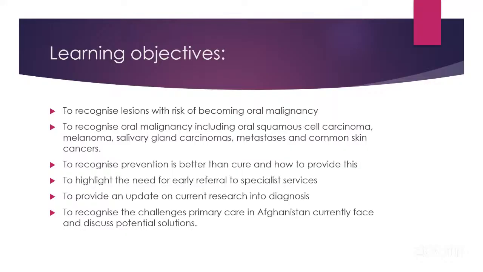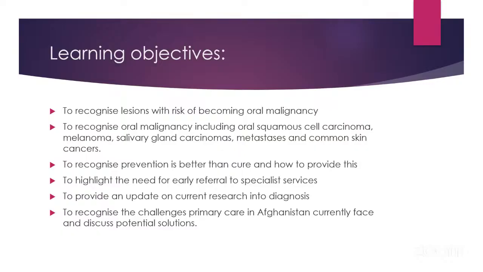So what I'm hoping that you'll take away from this talk today is how to recognize those lesions with higher risk of becoming oral cancer and the different types of cancers that you might see presenting in the mouth and the head and neck region. I want you to be able to note that prevention is better than cure, and that prevention is going to be provided by you in the primary care setting more than any of us in the secondary care setting, depending on what regimes are in place in that region.